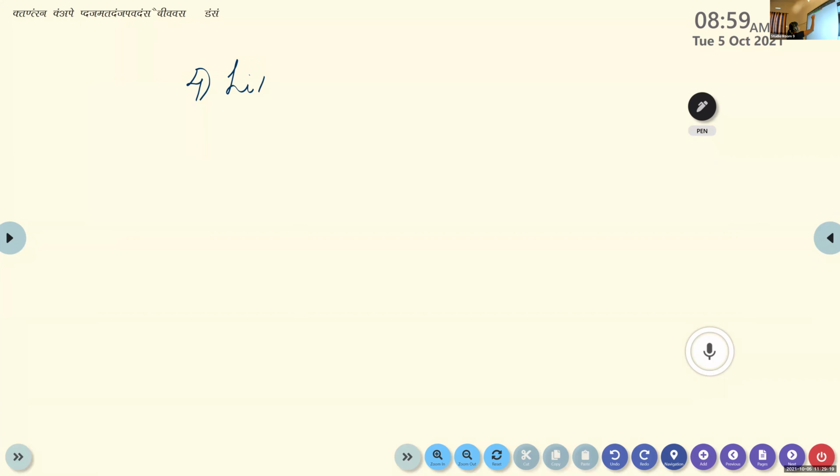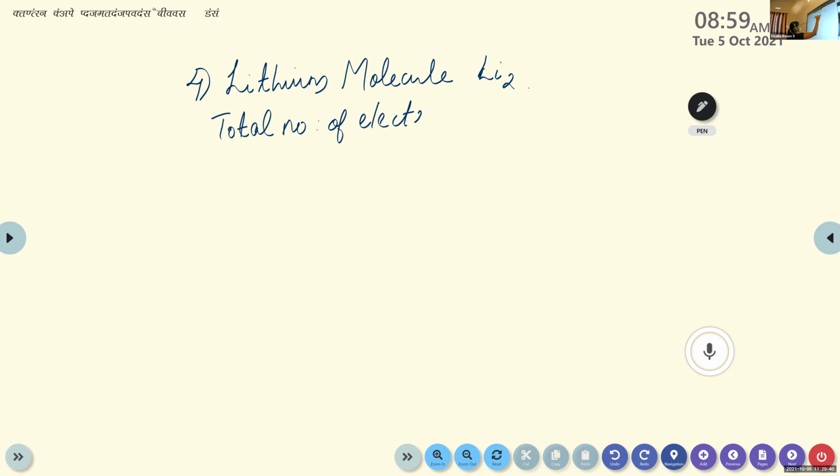That is lithium molecule, Li2. What about the total number of electrons? 3 plus 3, that is 6. In each lithium atom, there will be 3 electrons, so total 6 electrons, right?